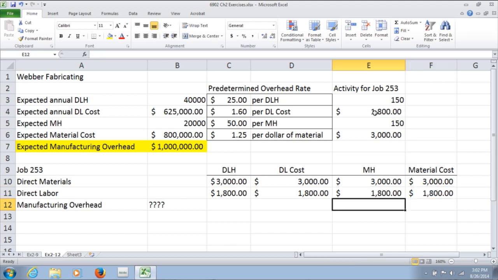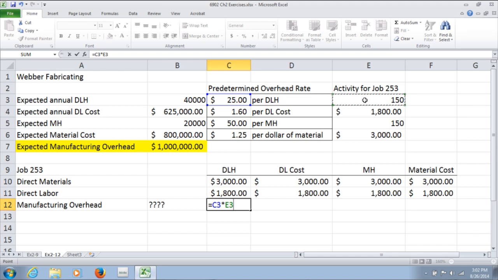So the amount of overhead that we would apply or allocate to job 253 using direct labor hours as a basis would be the product of our predetermined overhead rate, $25 per direct labor hour, multiplied by the number of direct labor hours on this particular job. So $25 multiplied by 150 direct labor hours, or $3,750. Similarly, we could do the $1.60 per direct labor cost multiplied by 1,800.